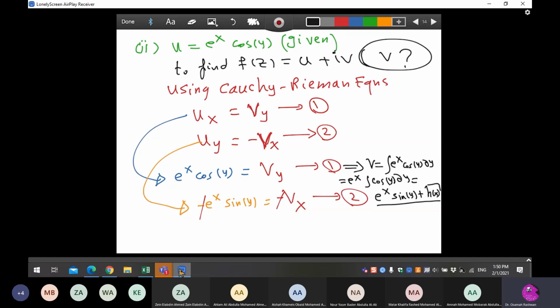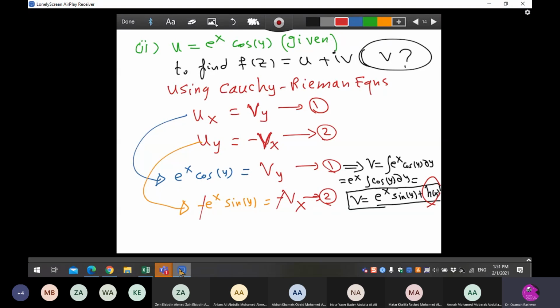This is my v, but you still have this one to find. This is the point of using the second equation.